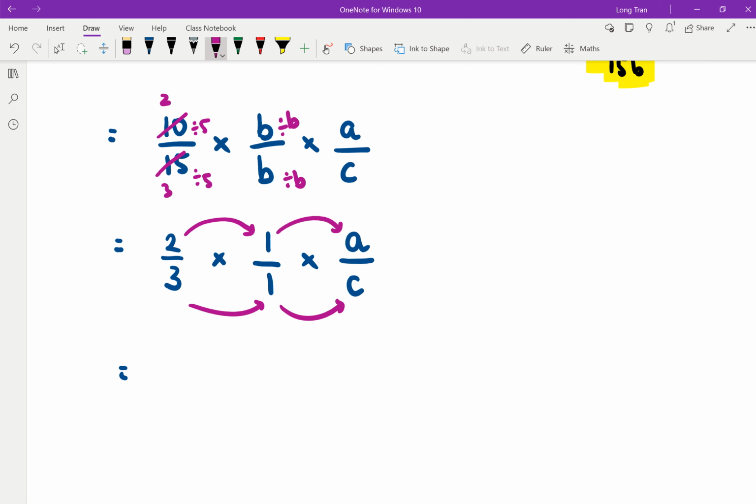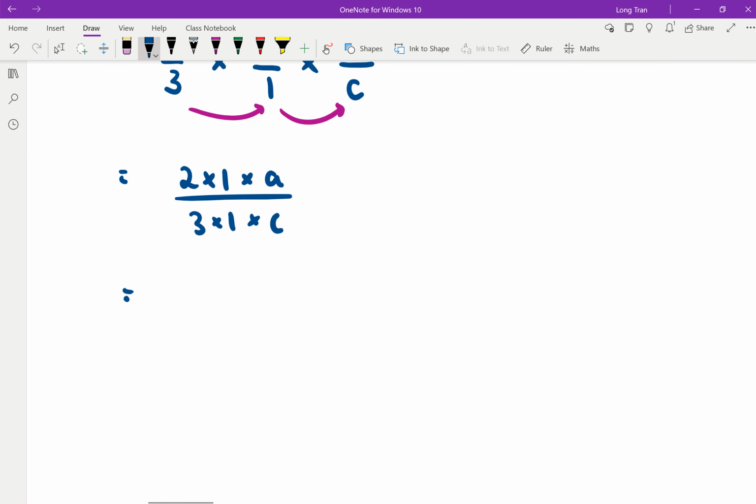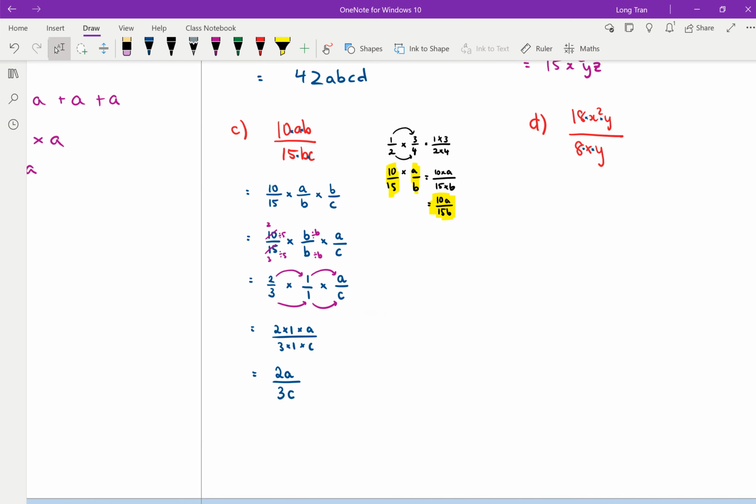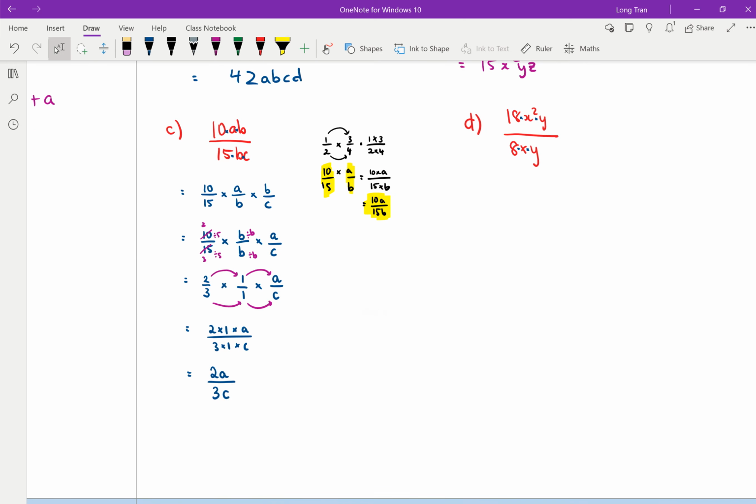So if you write it all together again, you collapse it: it's 2 times 1 times a over 3 times 1 times c, and your final answer is 2 times 1 times a just becomes 2a because we're lazy to write the times symbol. And then 3 times 1 is 3, and 3 times c is 3c.